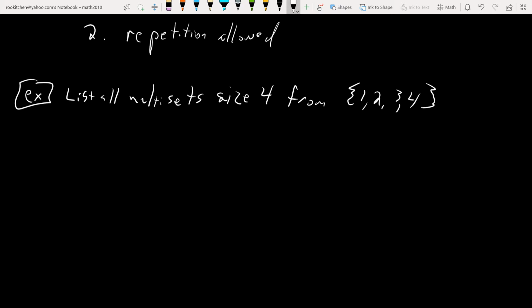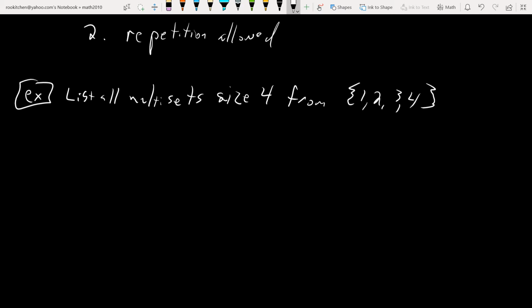The deal is, when you're dealing with sets, order doesn't matter. So when you talk about nCr, usually you're talking about a number of subsets. Here it's the same idea. We're looking for a number of subsets, but now we're allowed to repeat elements. So that's what they're going to call multi-sets.